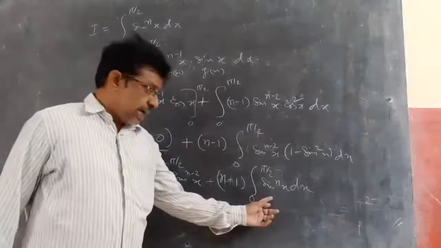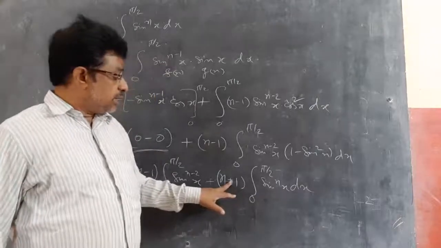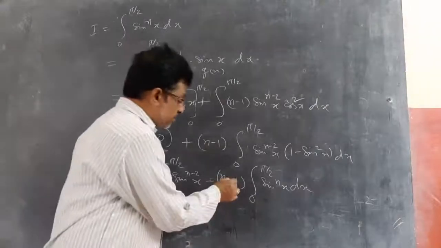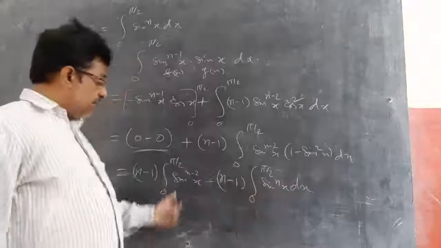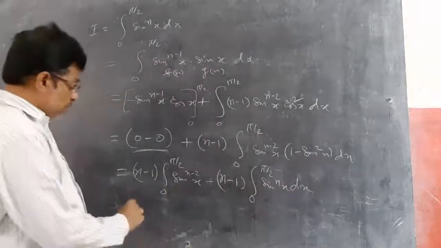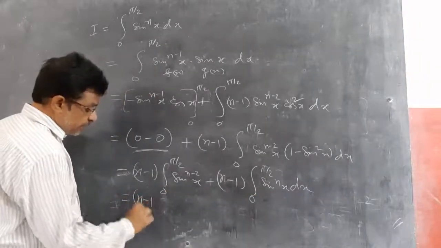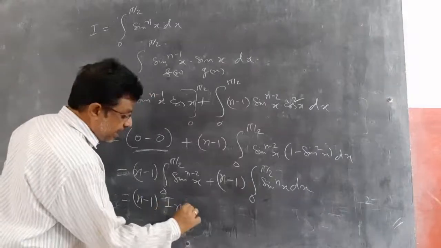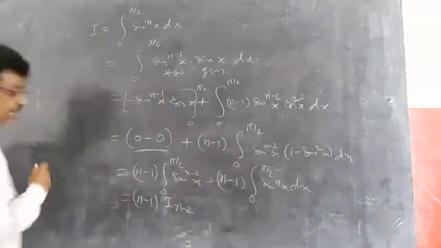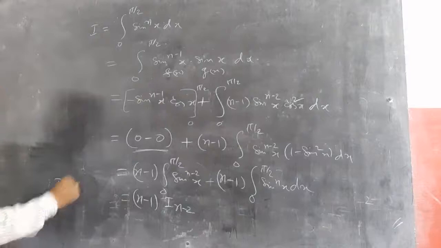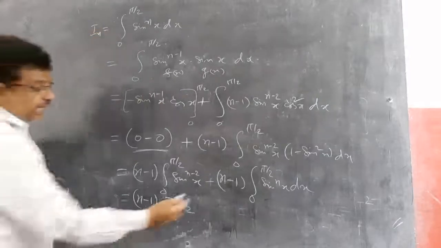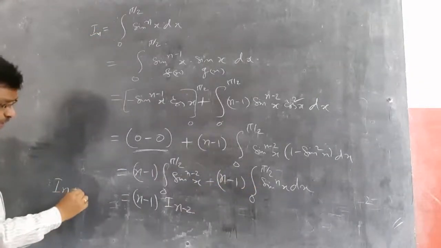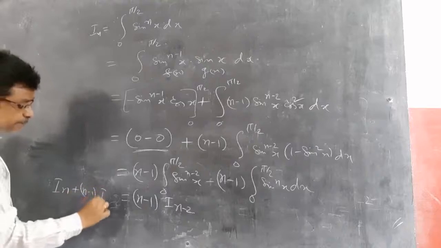Now this first integral is I n minus 2. So n minus 1 into I n minus 2, and this is I n, which I will bring to this side. I n is already there here, so I am bringing it to this side, means plus n minus 1 into I n.